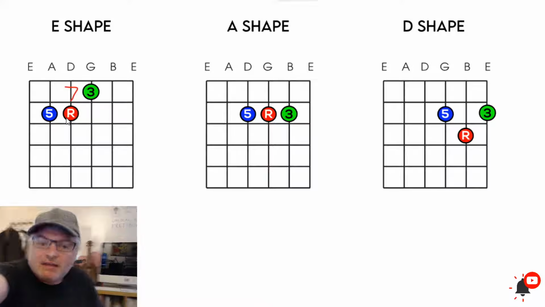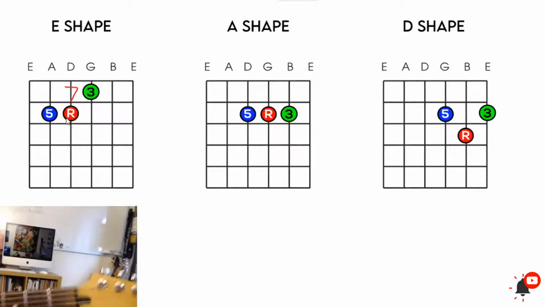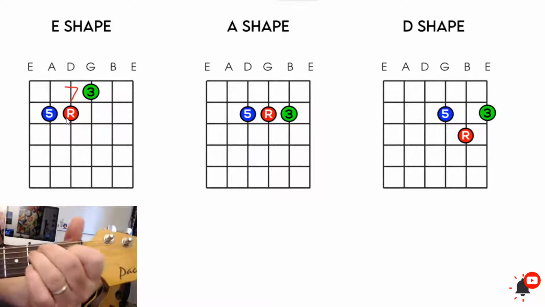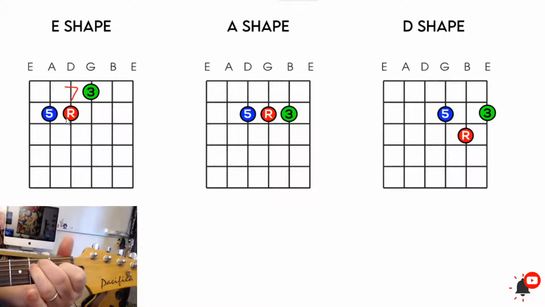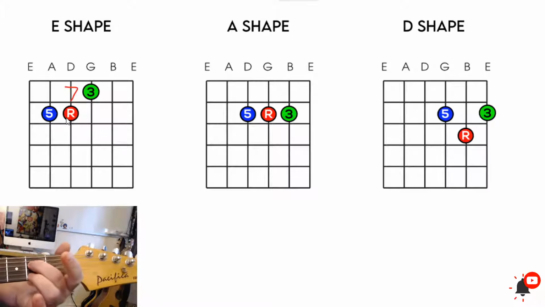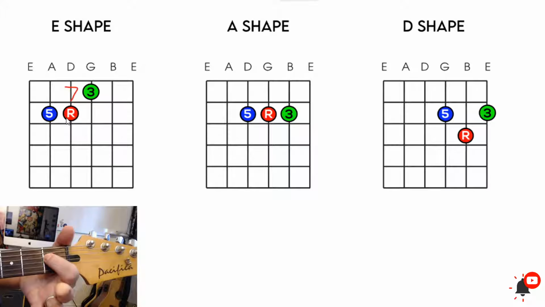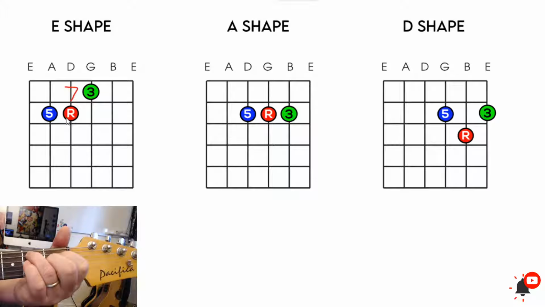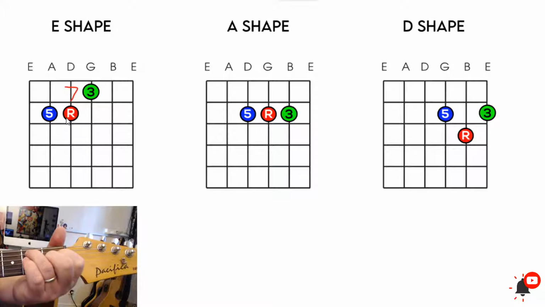Now, if I just pull my guitar down here and show you in this little chord box down here, there's my E shape. This is my root here. If I lower that one and I put the chord back together, then I get this major 7 chord sound.